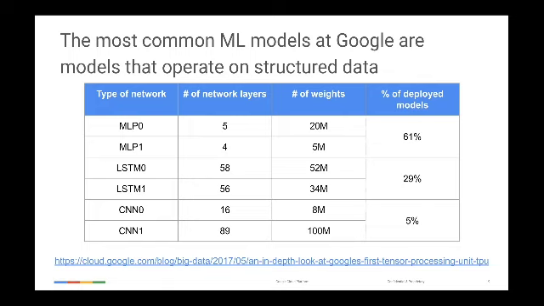As you can see, the more complex the model, the lesser the adoption, as well as even within Google, a vast amount of data is structured data. Although we do a huge number of projects with unstructured data like images, volumes, subsurface volumes, all of that. So this gives you an idea of how the adoption is going within Google.